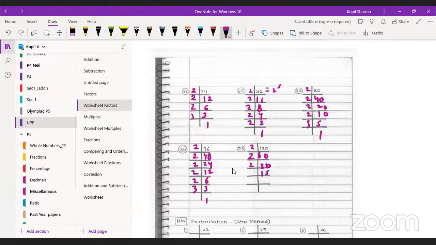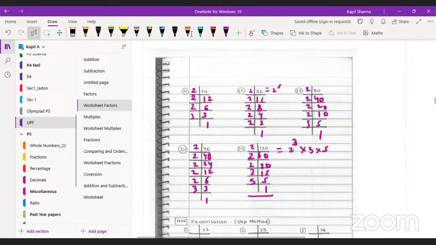Swastik then 3. Yes, Revat. And finally 5. This is basically 2 cube times 3 times 5. So you can practice this factorization. Okay. We have solved a lot of problems.